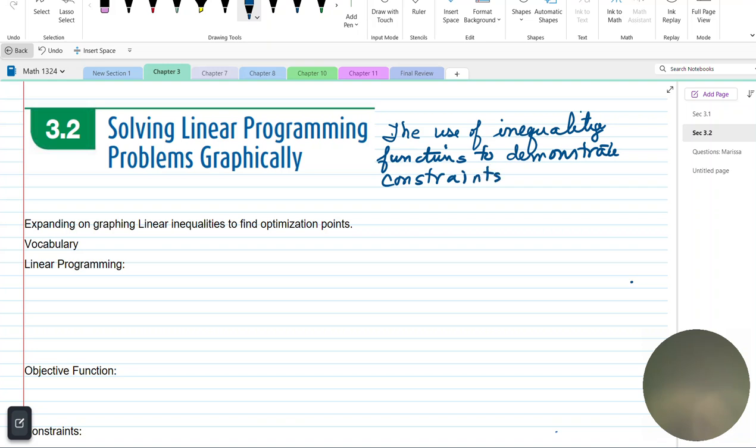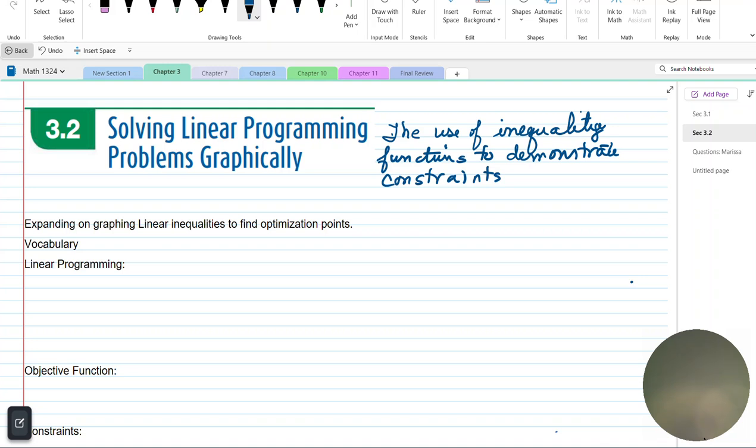We're going to discuss that more clearly as we apply all that we learned on inequalities and overlapping possibilities in this section. So here we go with vocabulary.